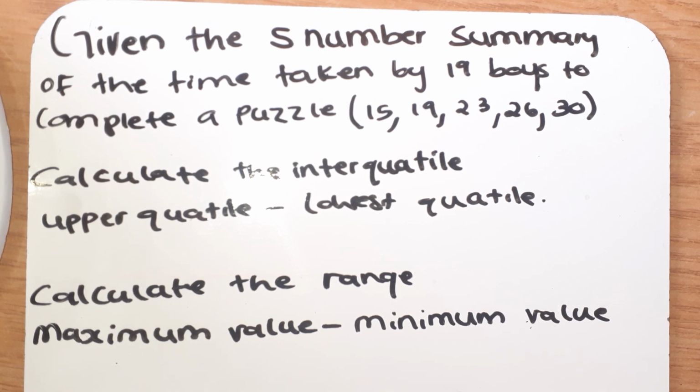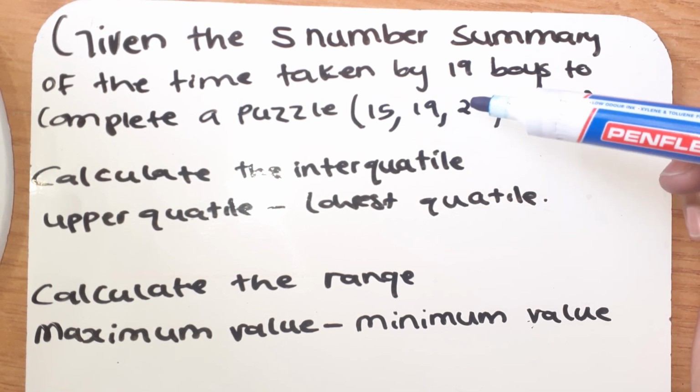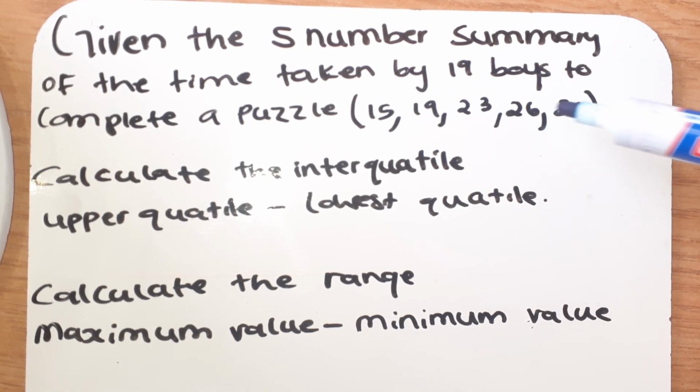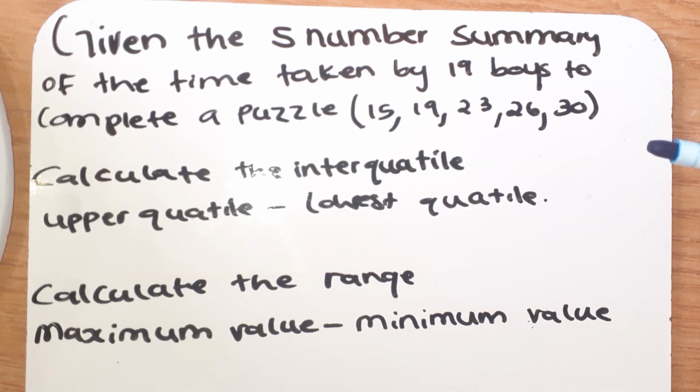All right, let's look at another example. Given the 5-number summary of the time taken by 19 boys to complete a puzzle. When they say they've given you the 5-number summary, this is the minimum, the lower quartile, median, and upper quartile.